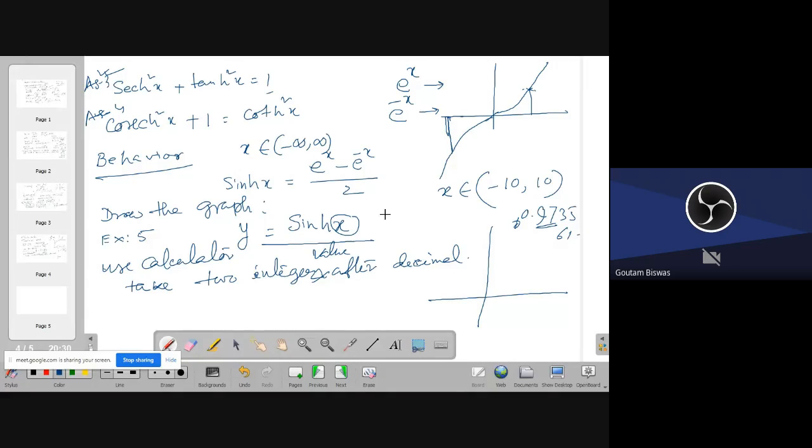Okay, so this you have to do as an initial exercise. You do it and you will see that this is a continuous curve.